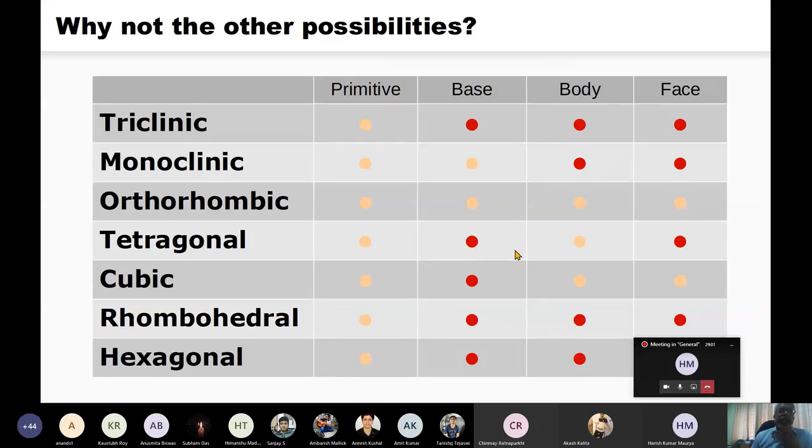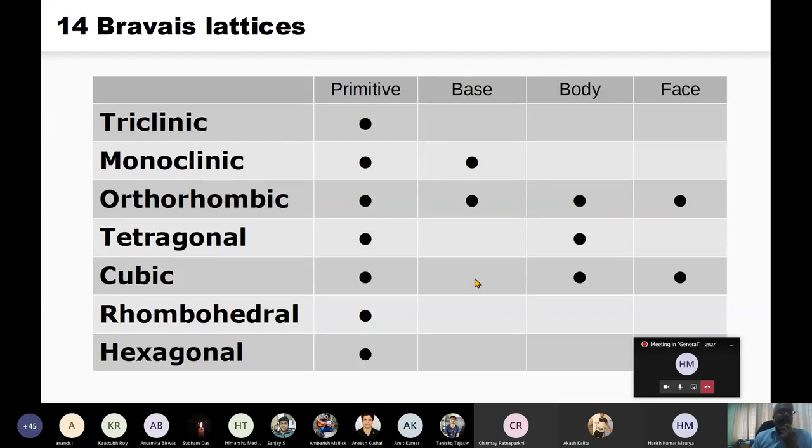In other words, if you do generate lattices of this kind, then they would be equivalent to one of the 14 Bravais lattices. Just try this as an exercise, at least for a couple of them. In the class of monoclinic to cubic, there are only 1, 2, 3, 4, and 5. Just check them out and convince yourself that they do work out all right. Okay, with that, we are basically done.